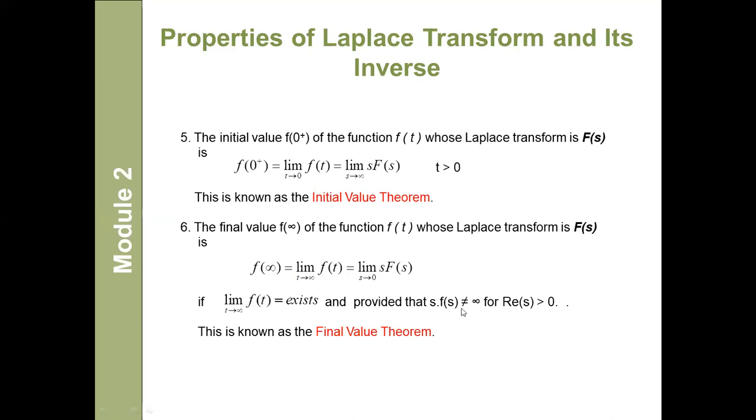If this is true, for s times function of s being not equal to infinity, then you can proceed to determining the final value of your function, that is the value of the function as t approaches infinity, using this alternative formula, which does not require you to invert the original function of s.